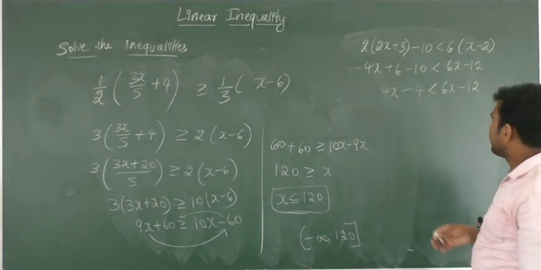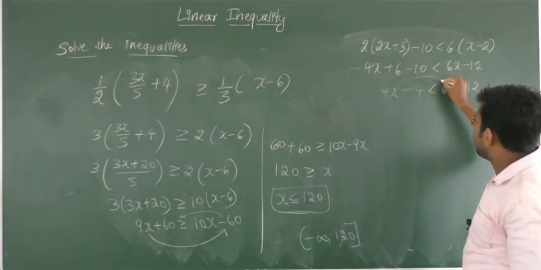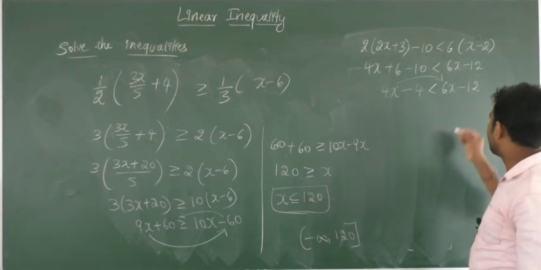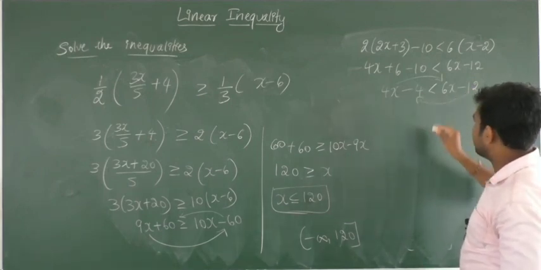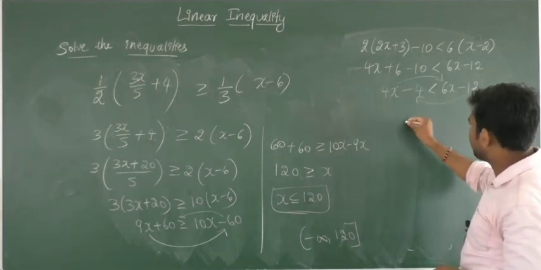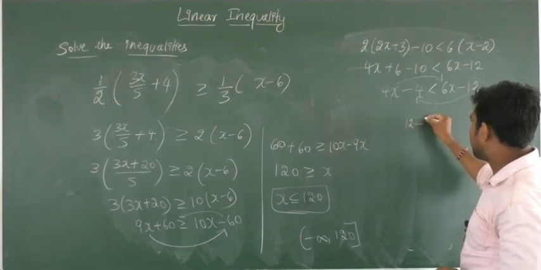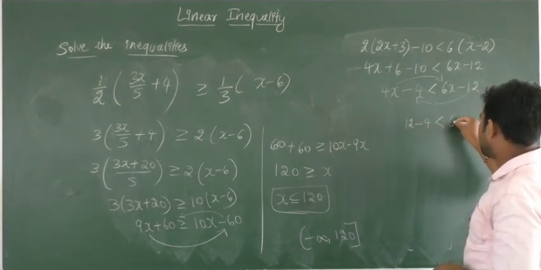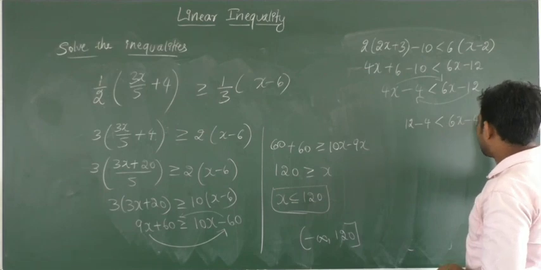Again bring 4x to this side and minus 12 to this side. So minus 12 becomes plus 12, minus 4 less than 6x minus 4x we will get.